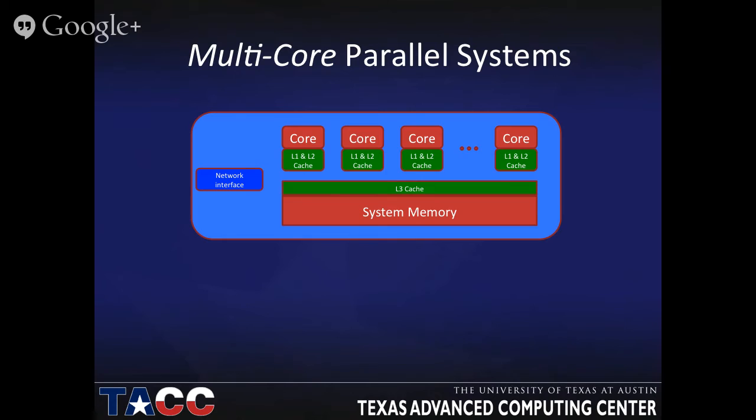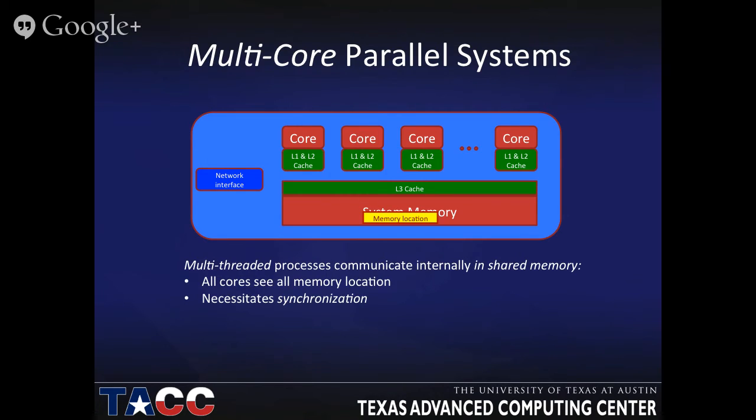Okay? So they have different caching techniques. If you know anything about caching, it sort of looks like that. But the long and the short is, it's like having a bunch of different CPUs in the same box sharing the same memory. And so communication between them amounts to identifying a location in system memory.